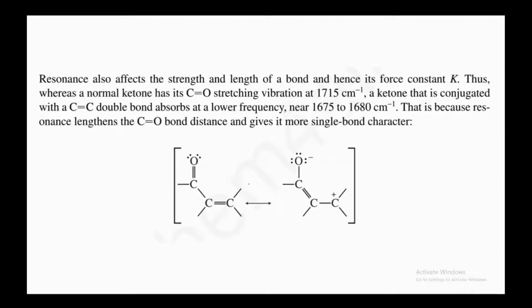Okay. Resonance also affects the strength and length of a bond and hence its force constant K. Thus, whereas a normal ketone has its carbonyl stretching vibration at 1715, a ketone that is conjugated with a double bond has a lower frequency. So with resonance, the frequency is lowered. This ketone is involved in resonance like this.